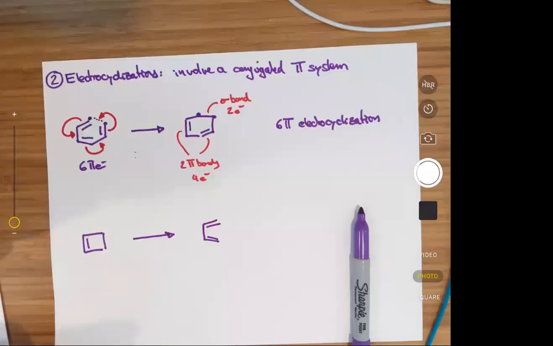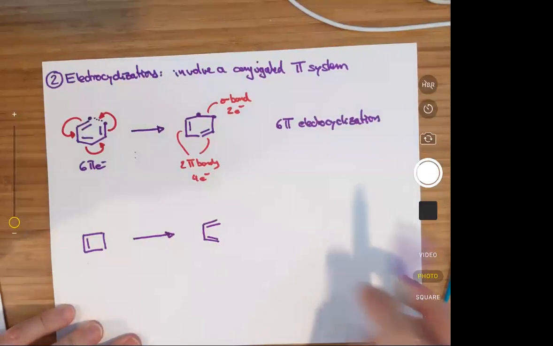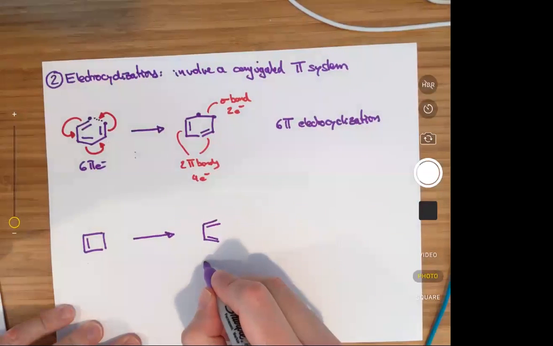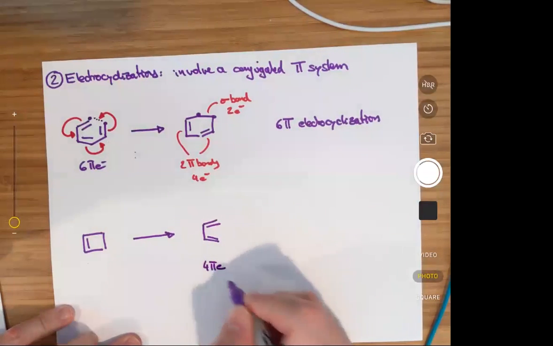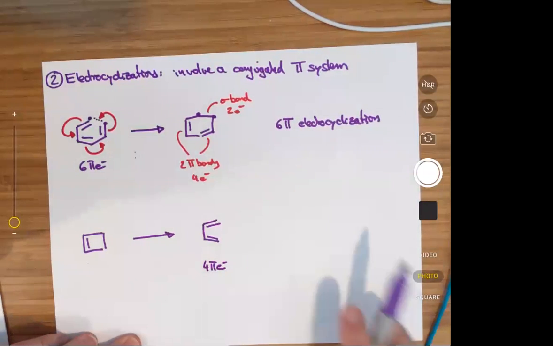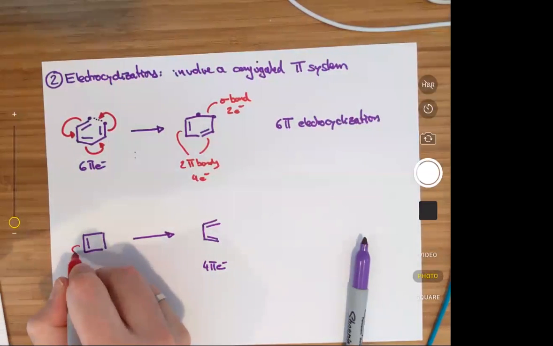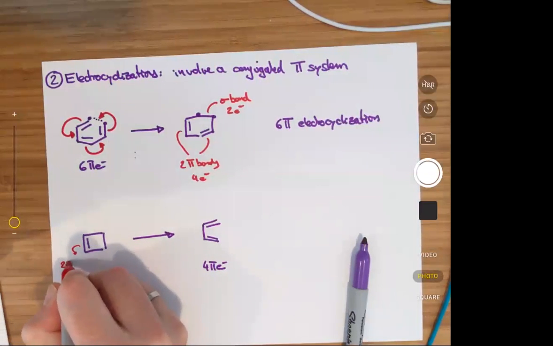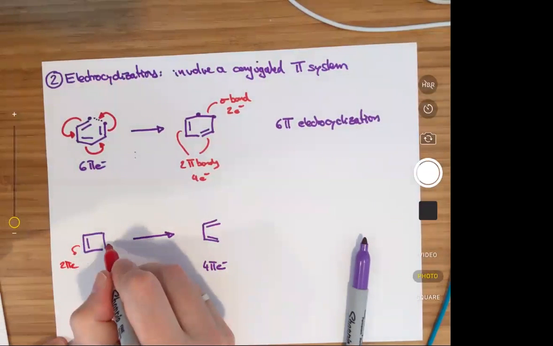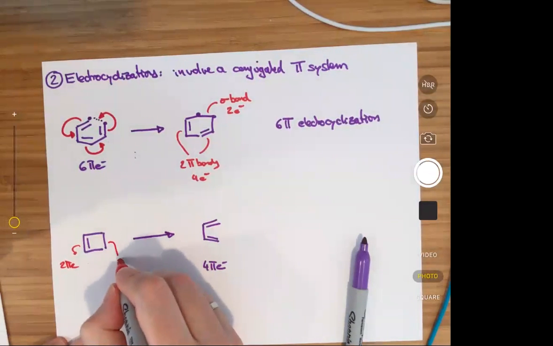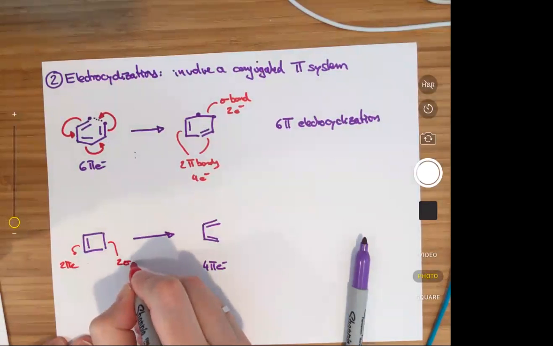So formally, you can think about this again as a four electron system. So in this case, it's obvious you have 4 pi electrons, but it's worthwhile thinking about where these 4 electrons are in your cyclobutene. So you have 2 electrons back here, so 2 pi electrons, and you have here 2 sigma electrons, right?